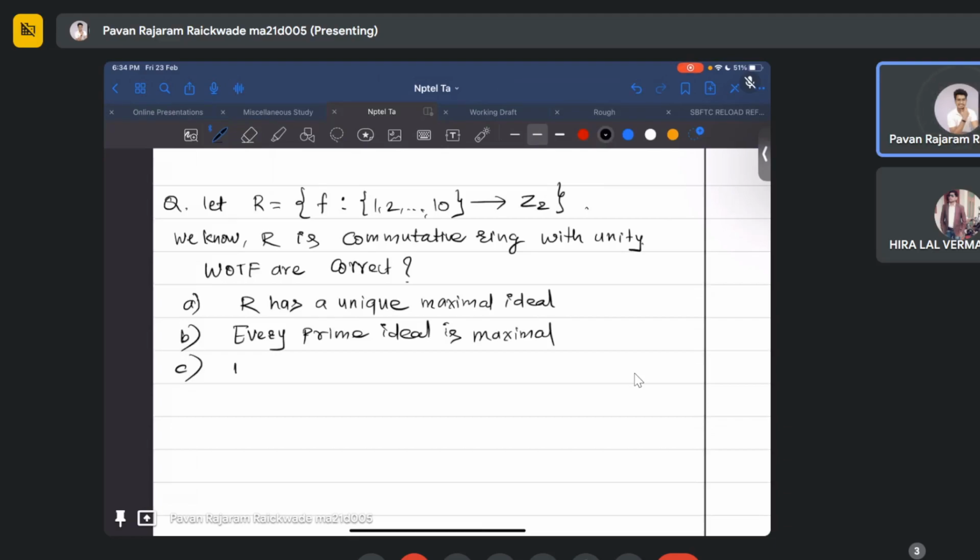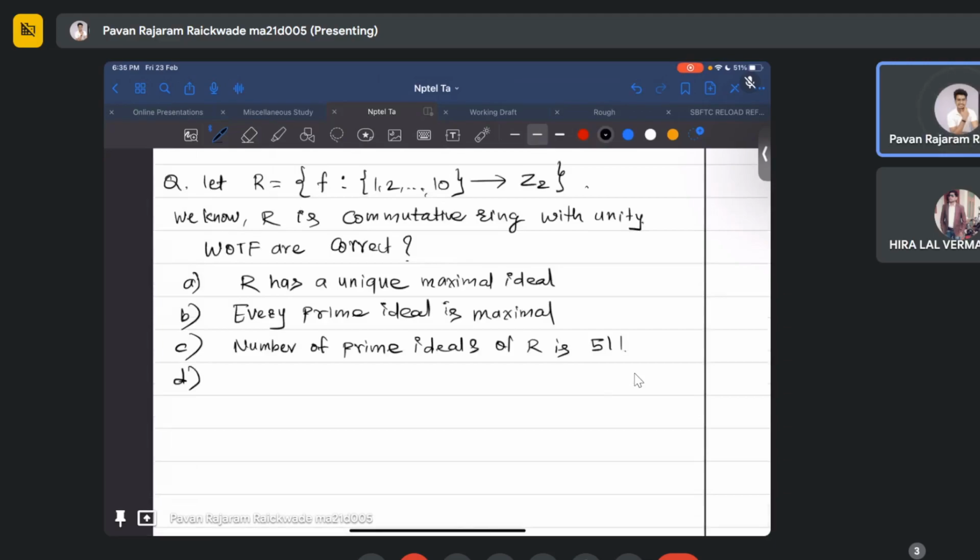C, the number of prime ideals is 511. And D, every element of R is idempotent.